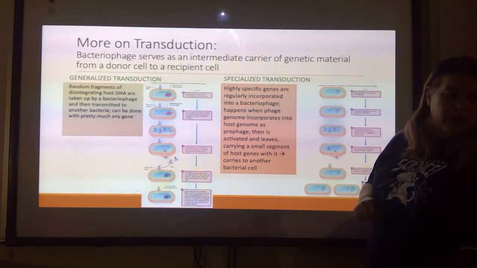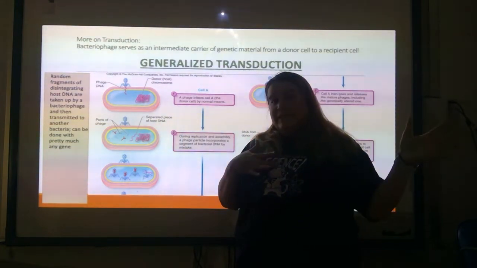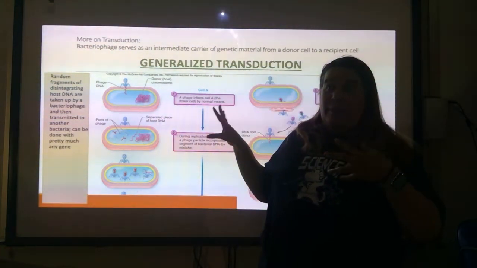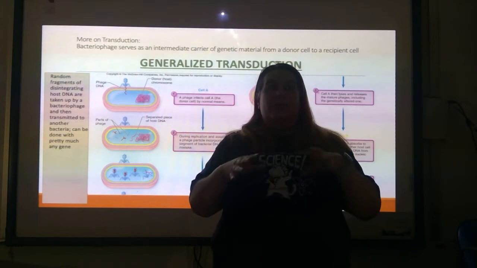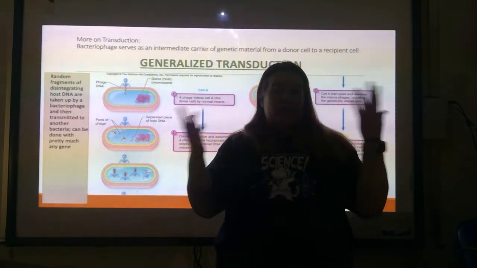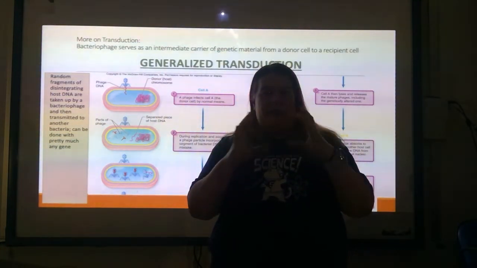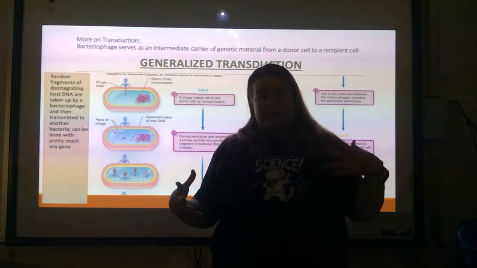Let's focus in on generalized transduction. If you think back to the video where we saw how bacteriophage worked, one of the first things that happened when these activated into bacteriophage that would cause the cell to lyse, they took the genome of the bacteria they infected and cut it up into pieces.